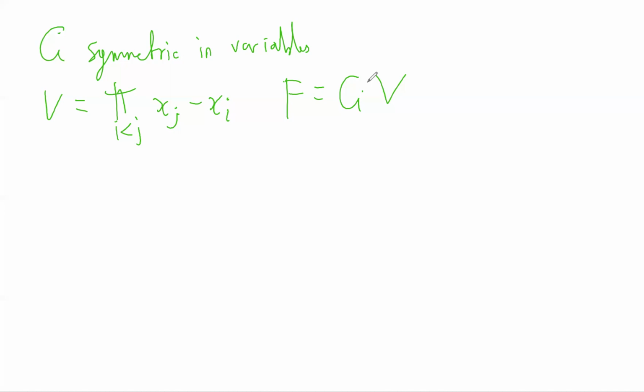Since V is alternating, F is also alternating. Every alternating polynomial vanishes when any two variables are equal, and is therefore divisible by xi minus xj. Wow, that's pretty cool.